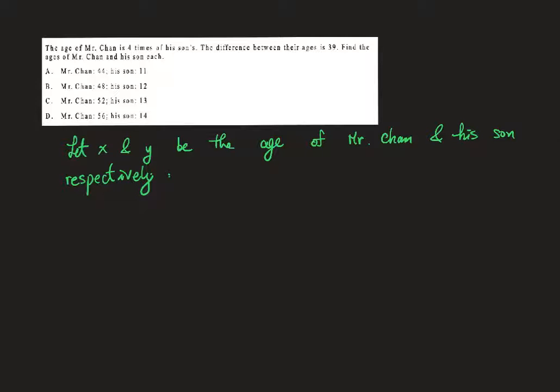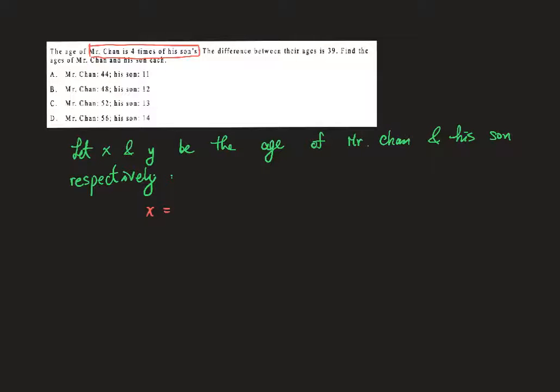And then again, the next step, we need to set up the equation from the given condition. The first condition is this one. Mr. Chen is 4 times his son's age. So x should be equal to 4y. This is the first condition.